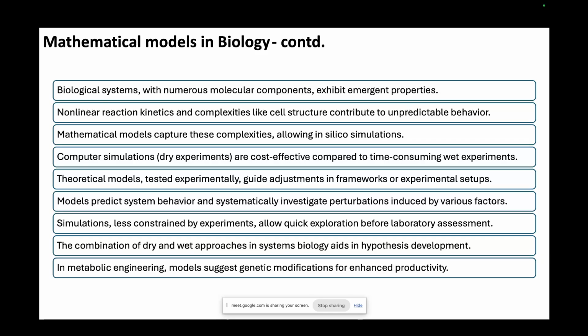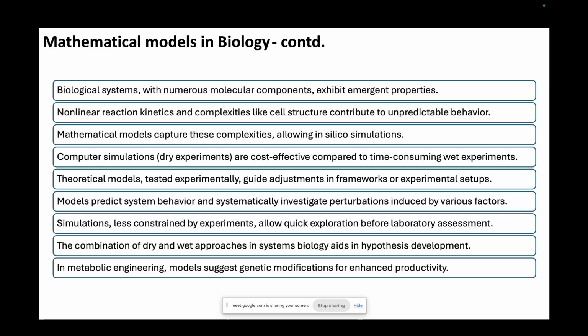We will not go deeper into metabolic models, but there are vast applications of mathematical models in metabolic engineering. There, the models suggest genetic modifications that can be incorporated inside an organism so that we can get maximum productivity. Say, for example, you're producing insulin from a genetically engineered E. coli.